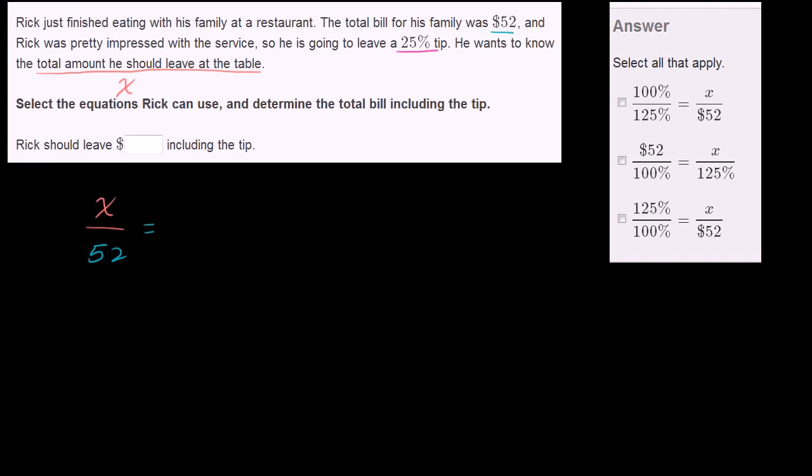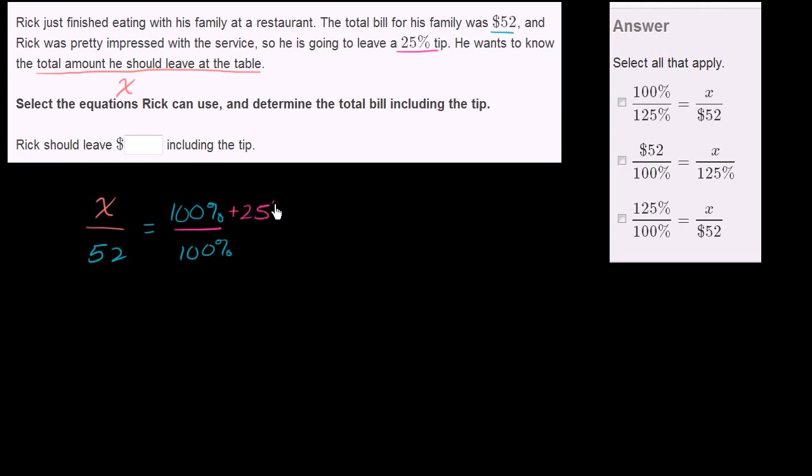So you could view the actual amount of the bill as being 100%. That is 100% of the bill. But he doesn't want to just pay 100%. He wants to pay 100% plus a 25% tip.